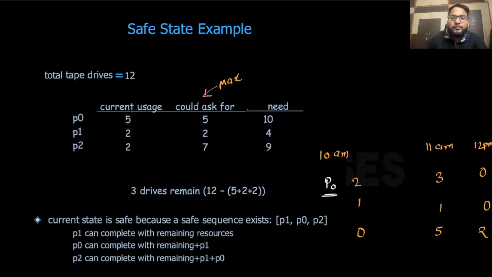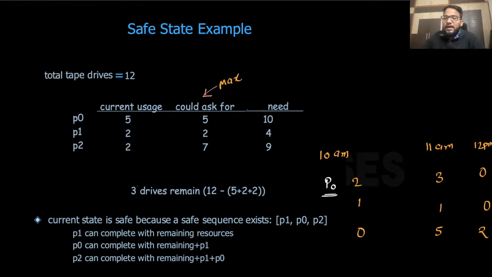Let's suppose P0 is asking for 3 itself. It can ask 5 at max, but let's suppose it is just asking 3. Then can I give? May not be. If I give 3, I will be having 0. Then in the future I will not be able to satisfy any request, because P0, P1 and P2 are all waiting. So if P0 is asking 3, may not be. But if P0 is asking, let's suppose, 1, maybe the resulting state is safe after it.